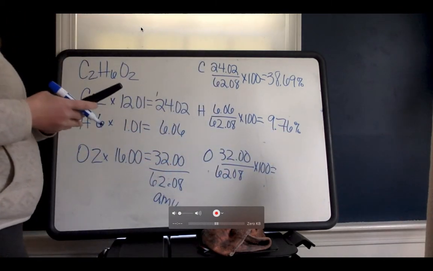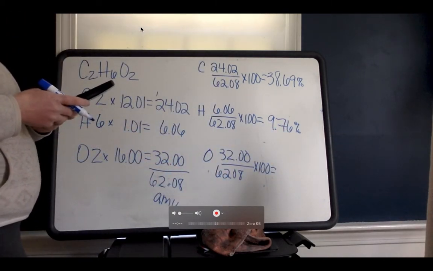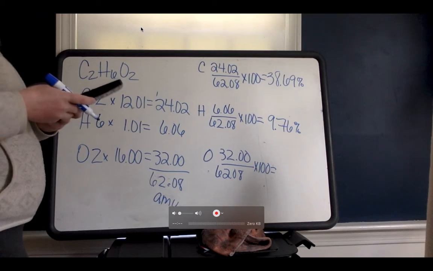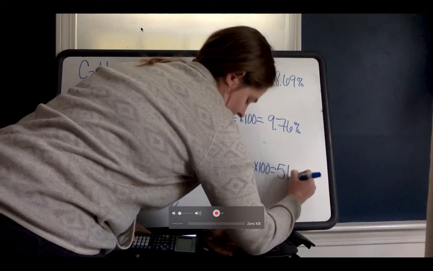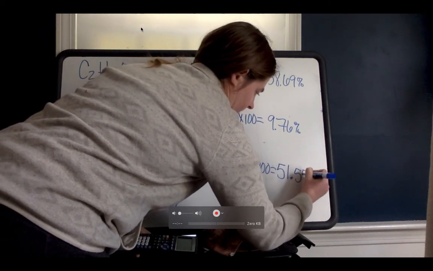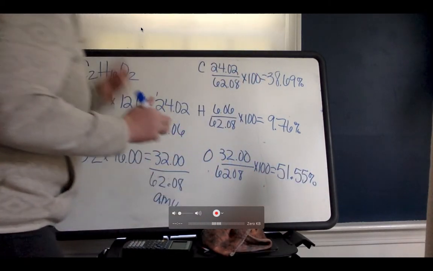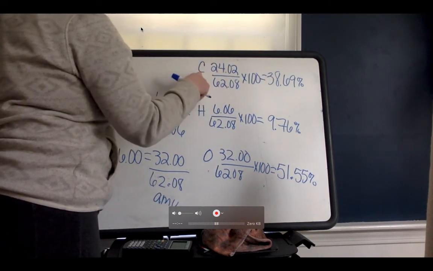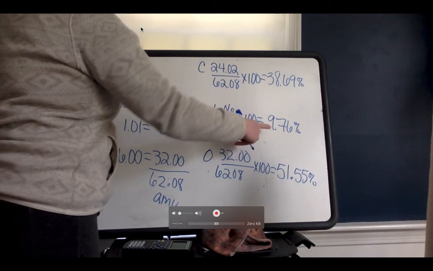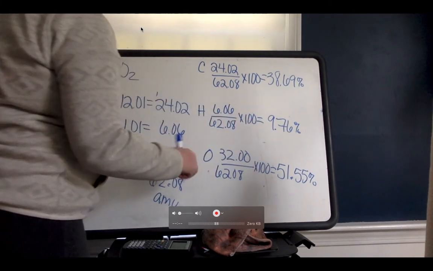And then oxygen is 32 divided by 62.08 times 100, and we get 51.55%. So this compound would be about 38% carbon, about 9.76% hydrogen, and 51% oxygen.